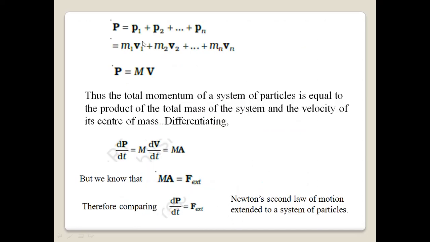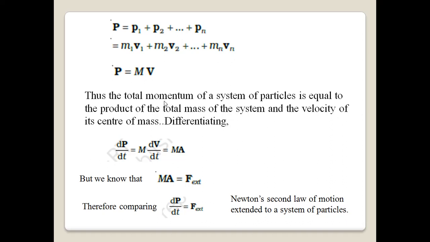Now, if you substitute the values of P1, P2 and Pn, you will get capital P equal to M1V1 plus M2V2 plus up to MnVn. We can sum this and write it as P equal to M into V. So, capital P is equal to the total mass of the system of particles, and V is the velocity of the center of mass of the system of particles.